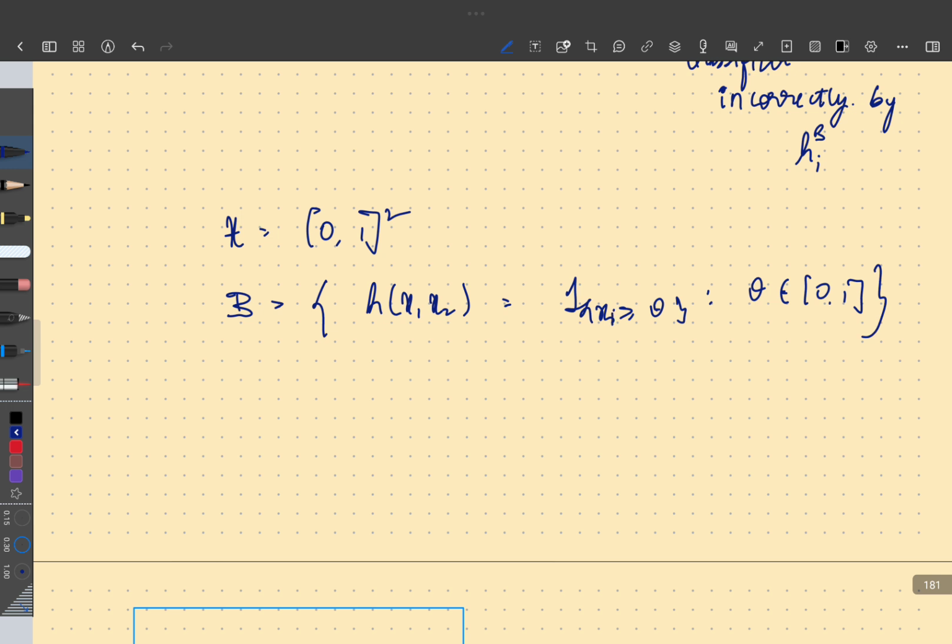Either x1 greater than or equal to theta, or x1 less than or equal to theta, or x2 greater than or equal to theta, or x2 less than theta. So essentially you pick a particular component, either the first or the second, and for that component you implement a threshold classifier.